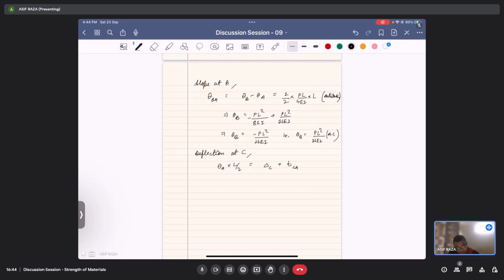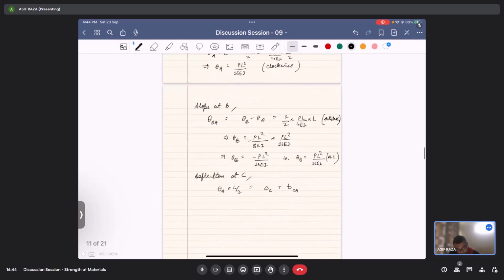We know theta A is PL square by 16 EI times L by 2. We need to find delta C, TCA, so this would be equal to what?